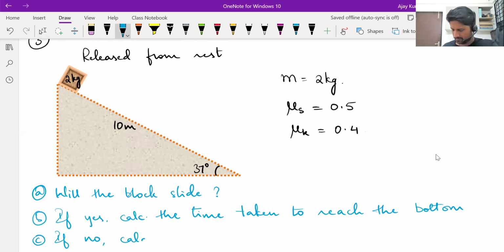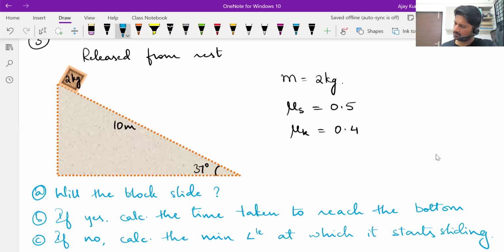If you think it does not slide, calculate the minimum angle at which it starts sliding. Okay, solve this carefully, all of you.